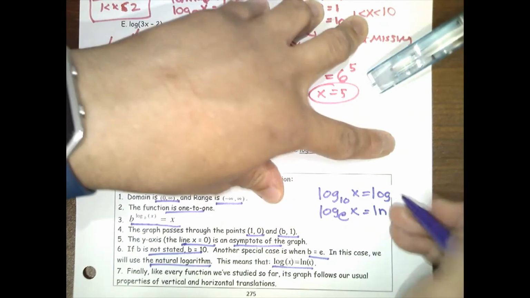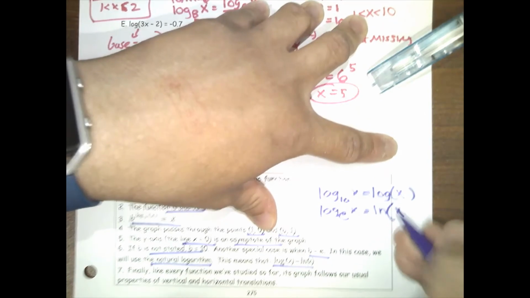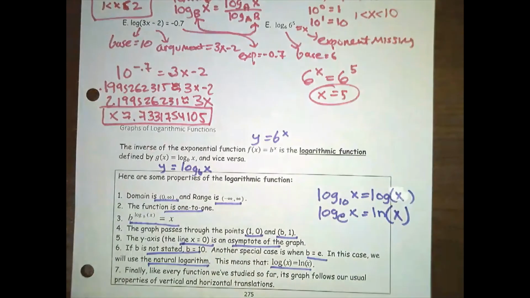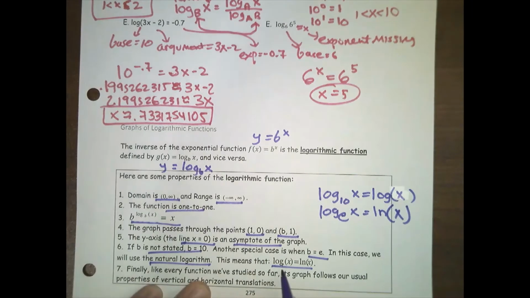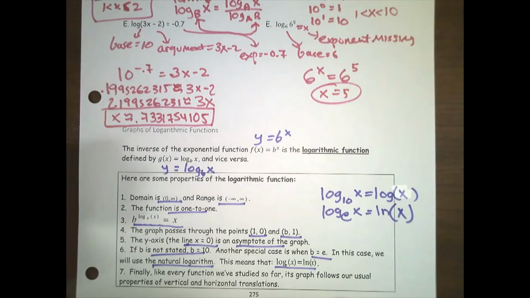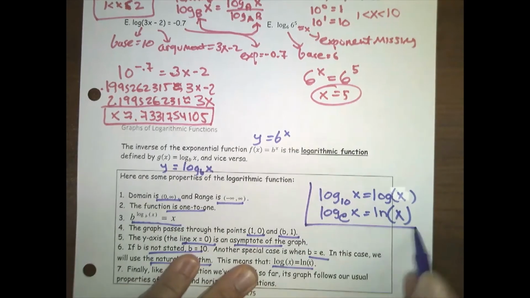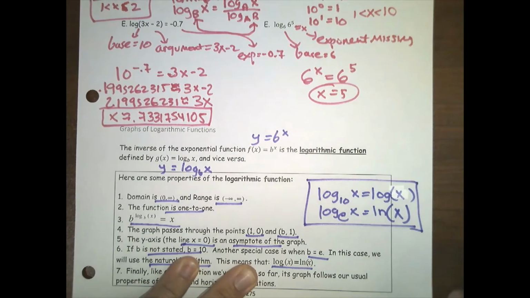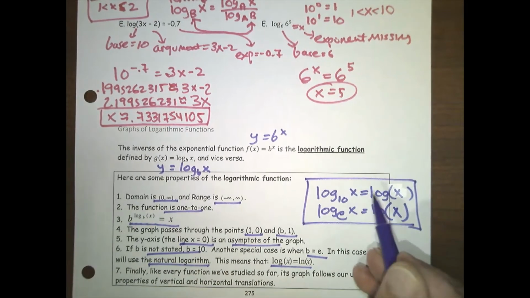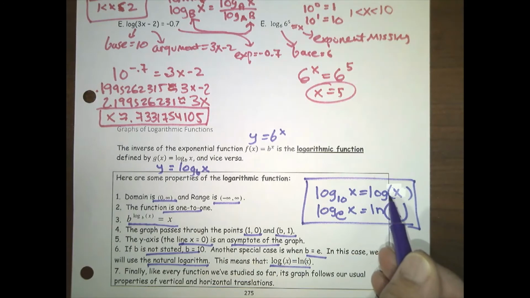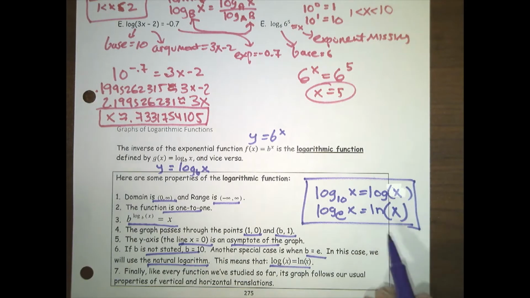I would just say log x and ln x like this. Just remember that these are two special cases where the base might not be written: the common logarithm, base 10, and the natural logarithm, base e.